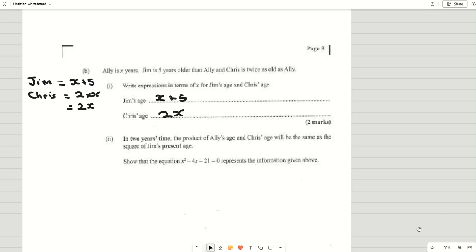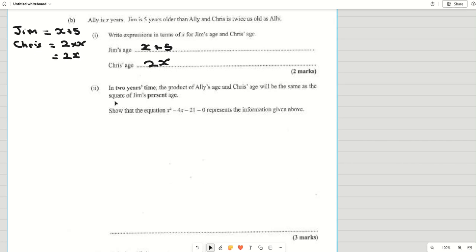In 2 years' time, the product, so let's read this very carefully. In 2 years' time, the product of Ali's age and Chris's age will be the same as the square of Jim's present age. So in 2 years' time, that means it's 2 years older. So Ali, who is X, in 2 years' time would be X plus 2.